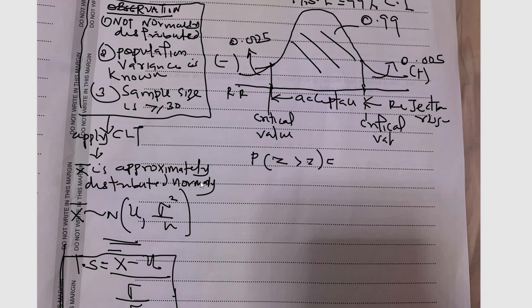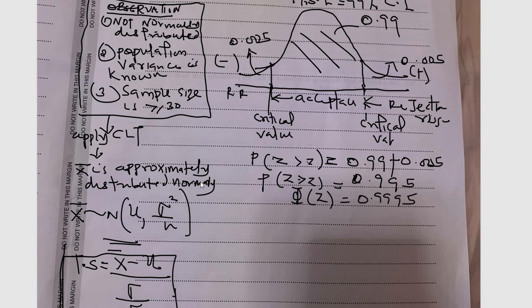For less than, we take the confidence interval plus one of the critical regions. So the probability of Z less than z, where small z is a certain value, will be 0.99 plus 0.005. What we have is 0.995.